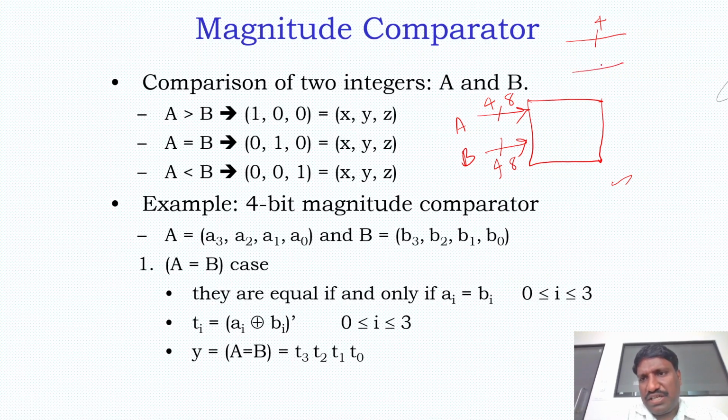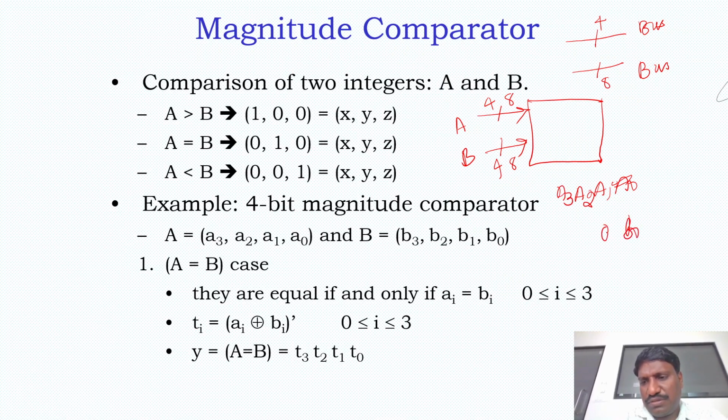If I draw a line with a cross line and say 8, it is a bunch of 8 wires. That bunch of wires is called a bus in digital logic. So what does A stand for here? It is a combination of A0, A1, A2, A3. And B stands for B0, B1, B2, B3. So it is 4 lines.